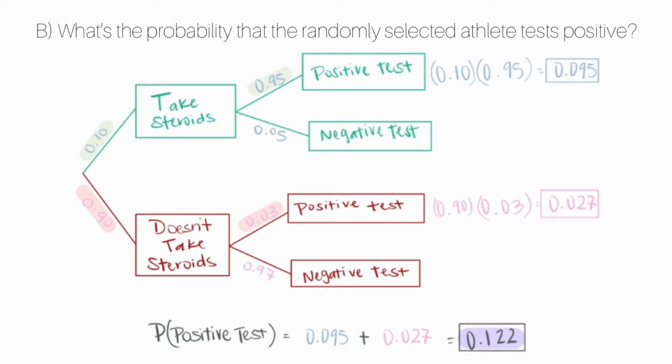As for the 90% who didn't take steroids, 3% tested positive. Multiply the 90% of those who didn't take steroids with the 3% that tested positive, and the product of that is 0.027. To find the probability of positive tests, add 0.095 plus 0.027 equals 0.122.